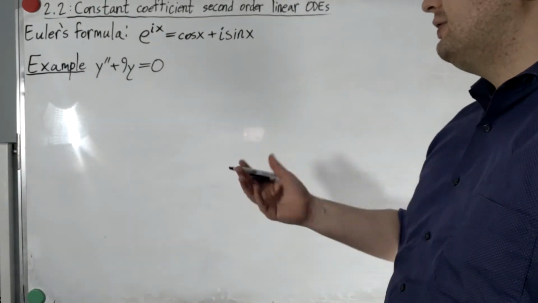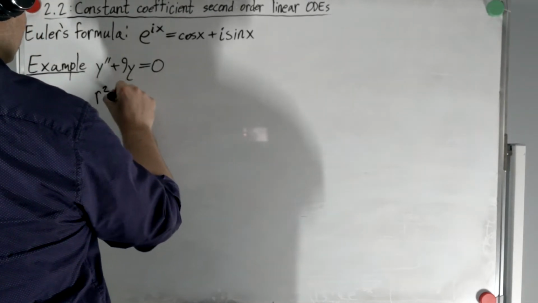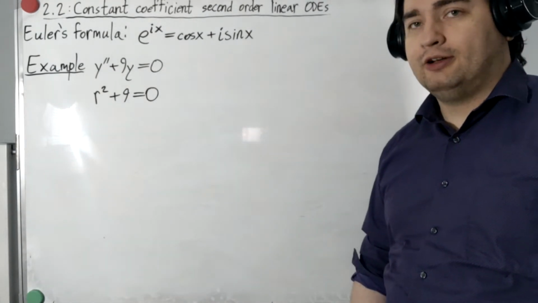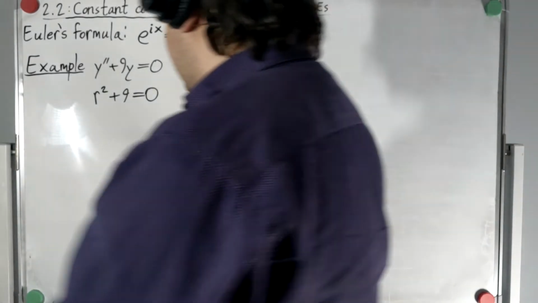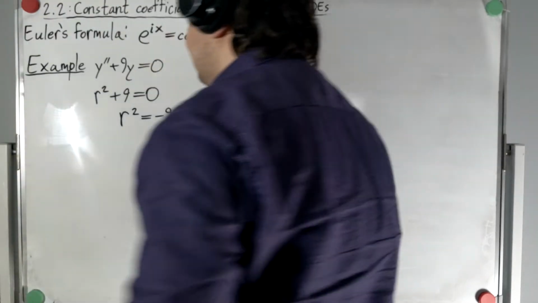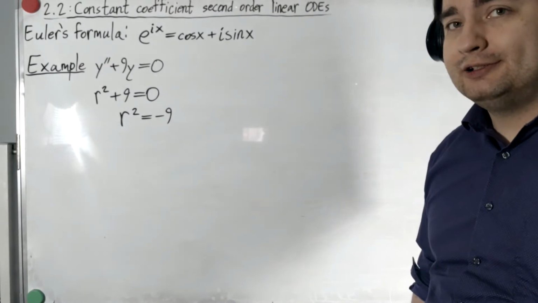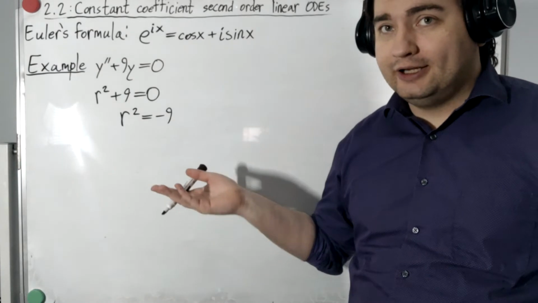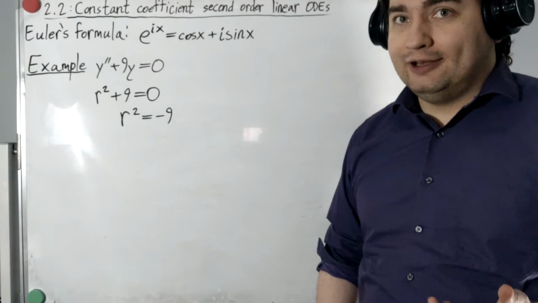So the characteristic equation in this case is going to be r squared plus 9 equals 0. That has no real roots, because in order for that to be true, r squared would have to be negative 9. So then r has to be plus or minus the square root of negative 9. Or in other words, plus or minus 3i.